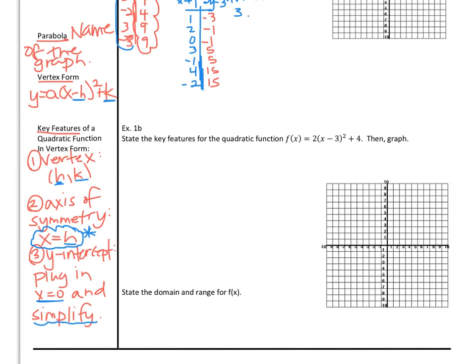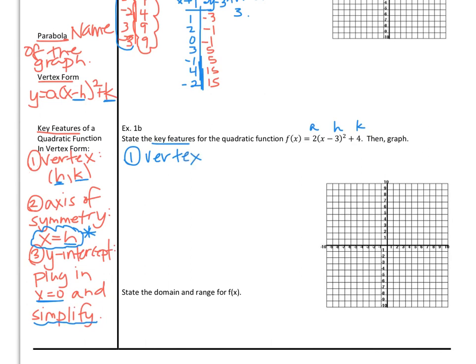Let's put this to the test for our equation at the right. It says state the key features for the quadratic function f of x equals 2 times x minus 3 squared plus 4. Then graph. We know our a, our h, and our k values from looking at that equation. Let's start with the vertex.